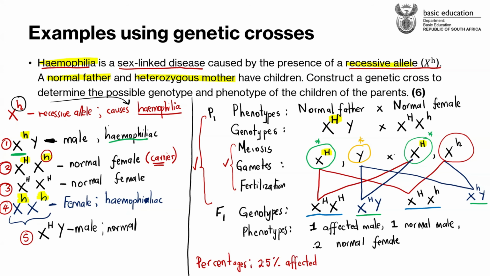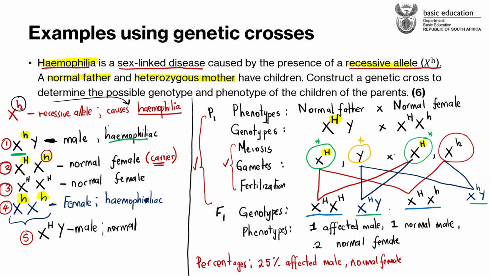Okay, so 25% affected male and the normal male as well, right? Each of them has 25% chances. We've got 25% chances of getting an affected male and a normal male.